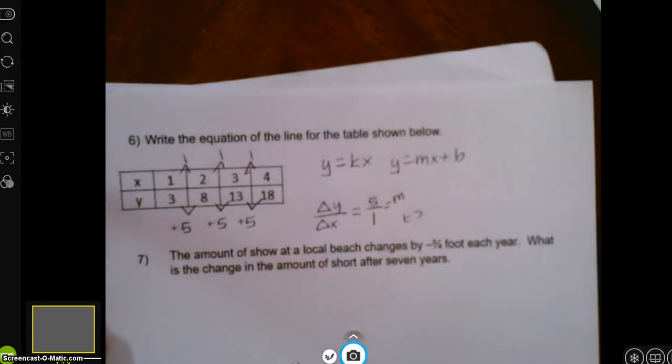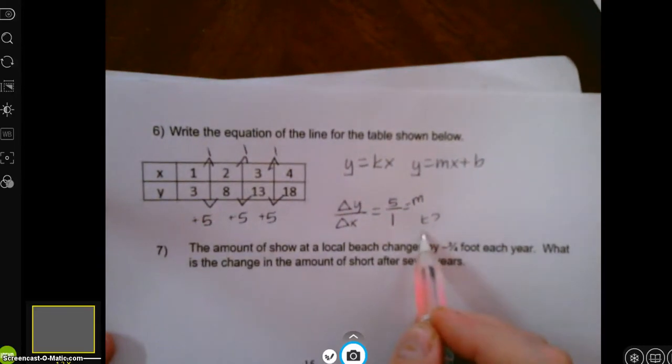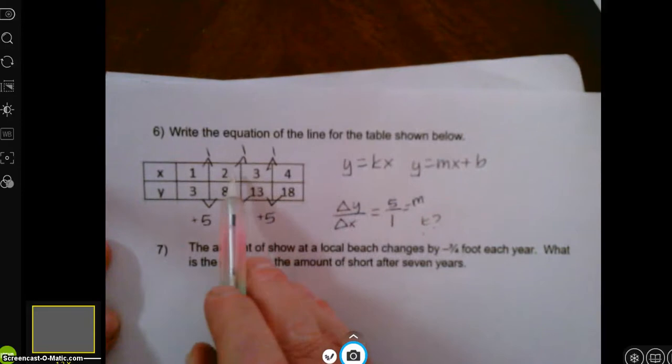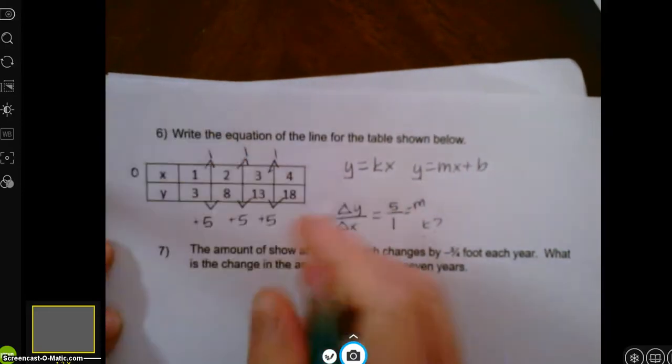So in order to figure out if it's k, we have to see if the table goes through 0, 0. You need 2 reasons for it to be k, which means it will be proportional. Okay, k is the constant of proportionality. So I'm going to take my table back. 4, 3, 2, 1, 0. And here, each time we are going back by 5.